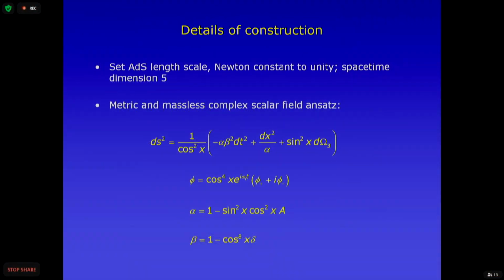We've got the dt squared here, the line element on the 3-sphere, d omega 3. Phi is this periodic function. Well, it'll be doubly periodic, but it has real part phi plus and imaginary part phi minus, and alpha and beta are convenience functions.